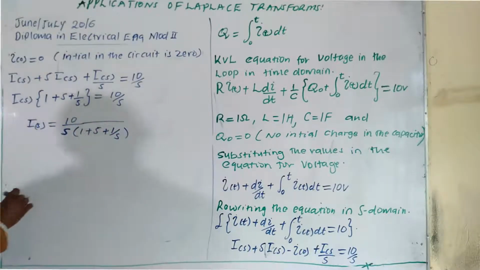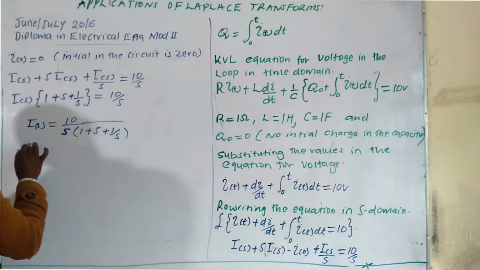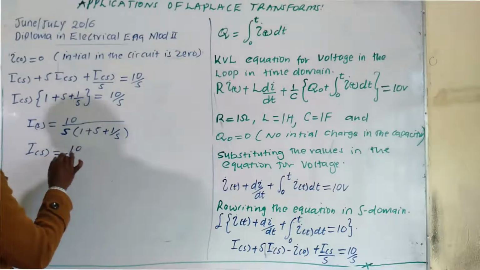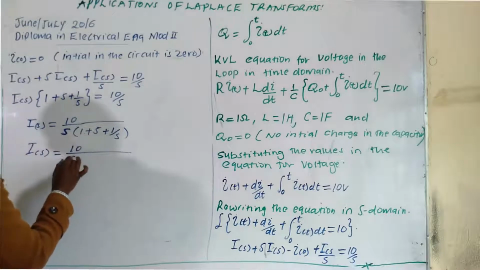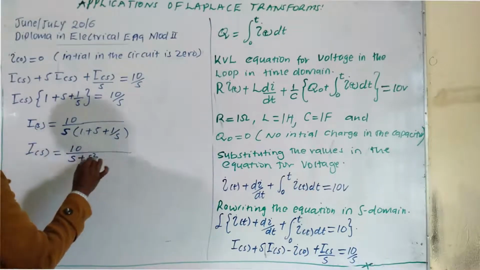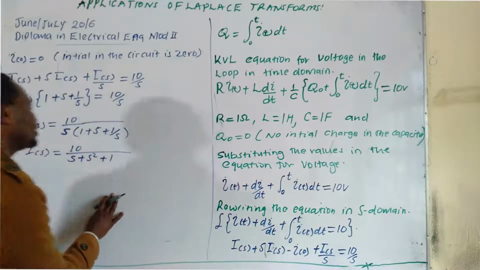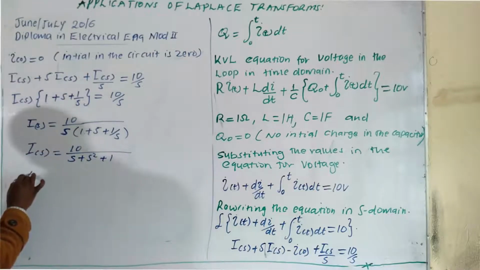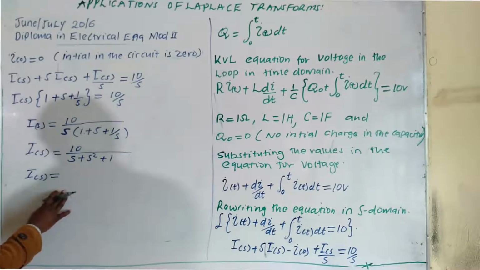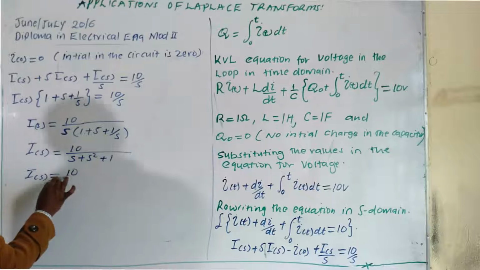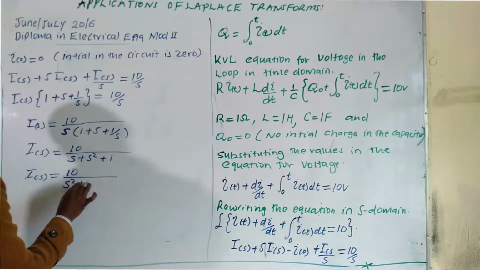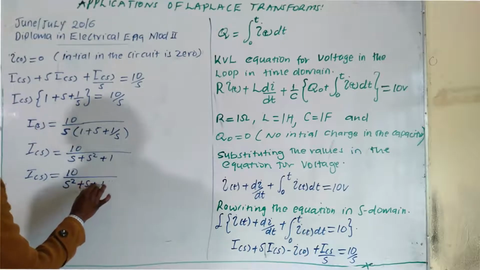We now open the bracket: I(s) is equal to 10 over s times 1 times s, s times s, s squared, s times 1 over s plus 1. Let us rearrange. I(s) is equal to 10 over s squared plus s plus 1.